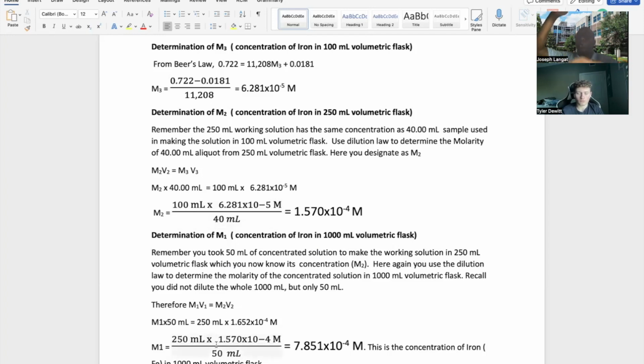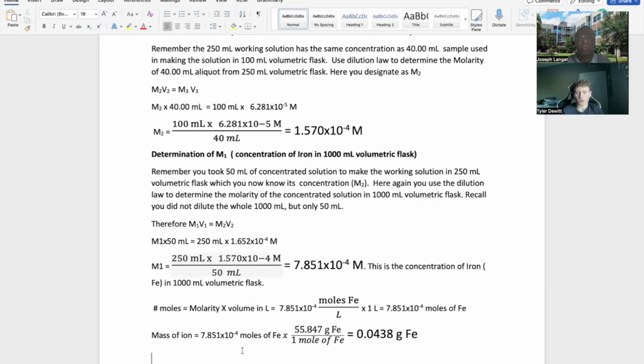V1 is 50 because you delivered 50 ml of your concentrated solution to make the working solution. You didn't use the entire 1,000 ml. Because you may think that, okay, in the iron wire, I was using the entire 1,000 ml to find the concentration. No, we don't know M1 at this point. That's why we are using 50 ml. And 250 ml here is for solution 2, the working solution. And at this time, we have molarity 2 from here. Make sense? Yeah, that makes sense.